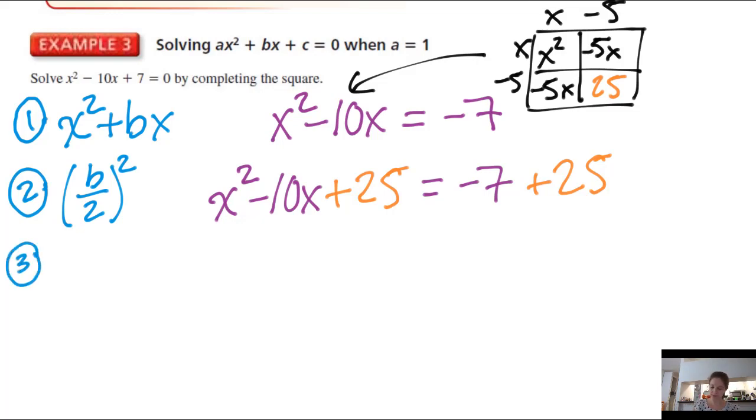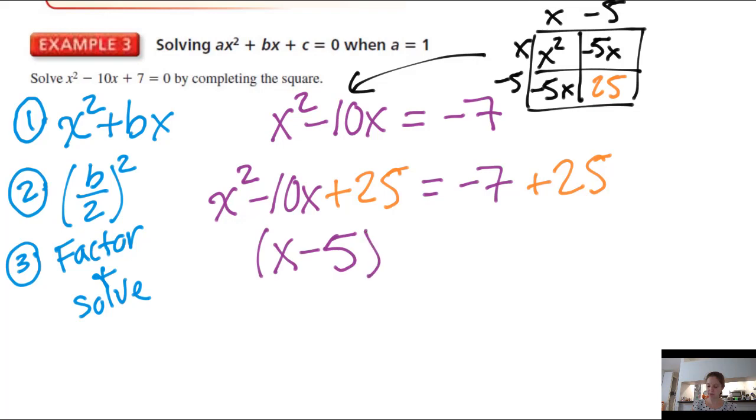Now the third step, we're going to factor and solve. We have a perfect square trinomial, so we can rewrite the left side as x minus 5 squared equals negative 7 plus 25, which is 18. Now we're of the form u squared equals d, and we can take the square root of both sides, plus or minus.